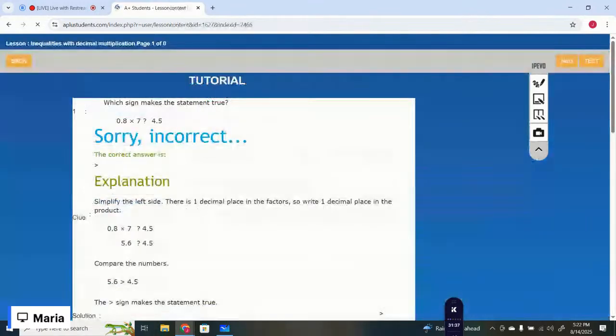Inequalities with decimal multiplication. Which sign makes the statement true? 0.8 times 7. 0.8 times 7 is 5.6.